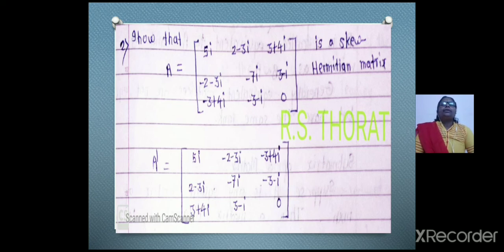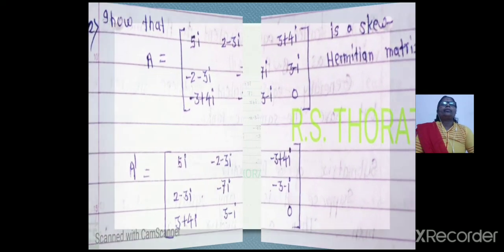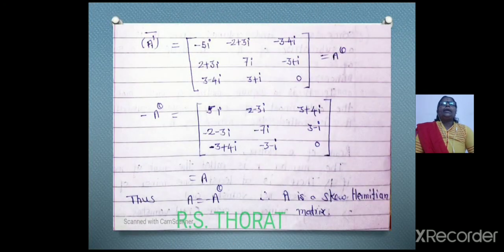First, we take A transpose of this skew Hermitian matrix. Then we calculate conjugate of this A transpose. We know that A raised to theta equal to A transpose conjugate. Then we take negative of this A raised to theta.